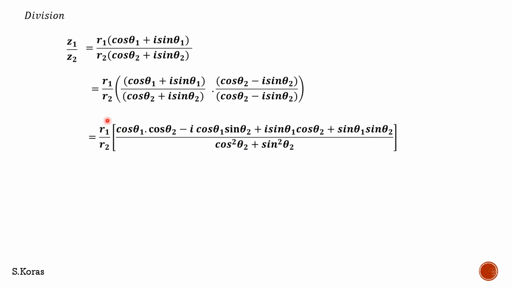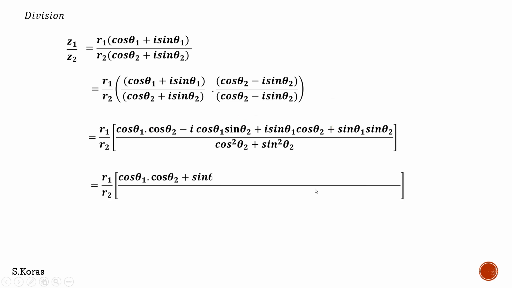If you see, this is a real part and this is also a real part. These two are imaginary parts. So let us collect the real part separately and the imaginary part separately. If you collect it, your answer will be like this. Now, the real part is cos theta 1 into cos theta 2 plus sin theta 1 into sin theta 2 collected together.